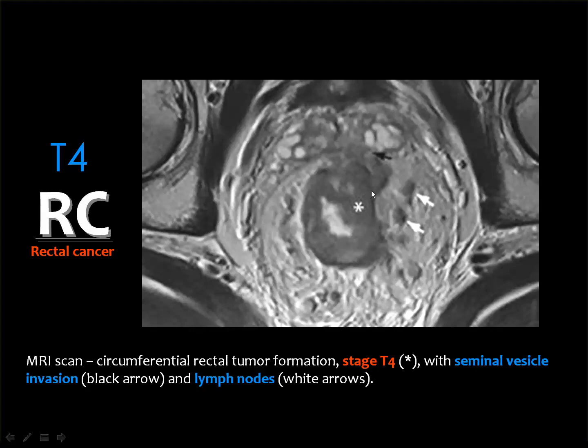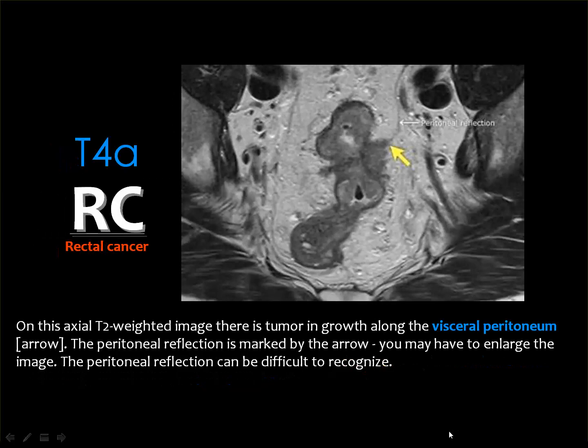Then you see here total obliteration of the mesorectal fat, many mesorectal lymph nodes, and obliteration of the high signal within the seminal vesicle in this particular area, denoting invasion. And in this case, you see invasion of the perirectal fat as well as the peritoneum. Why do you see the peritoneum here?